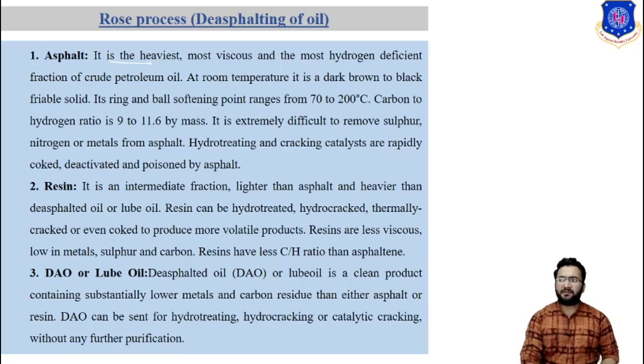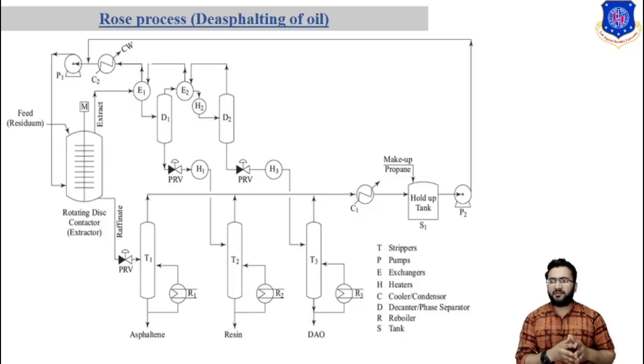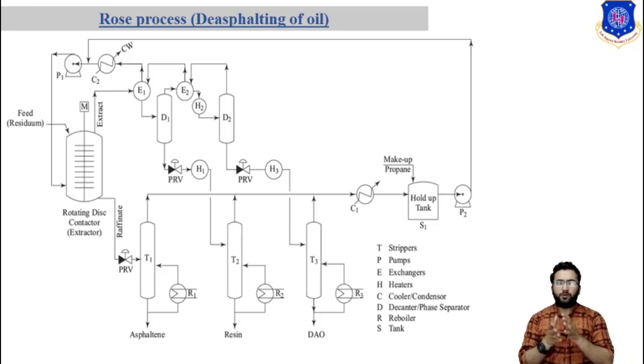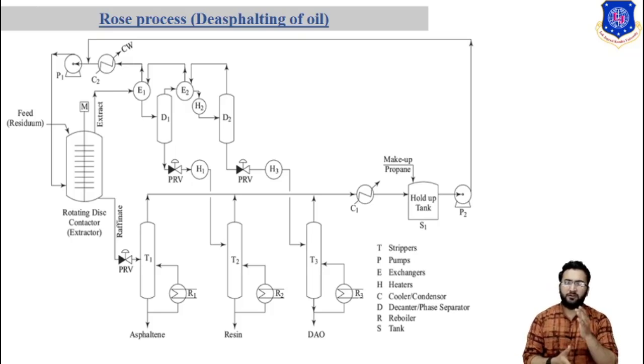So now let's discuss the ROSE process. This schematic diagram shows the ROSE process. The residuum is charged to the extractor where it contacts liquid propane at elevated pressure. In the ROSE process also, extraction is a liquid-liquid extraction similar to conventional propane deasphalting.